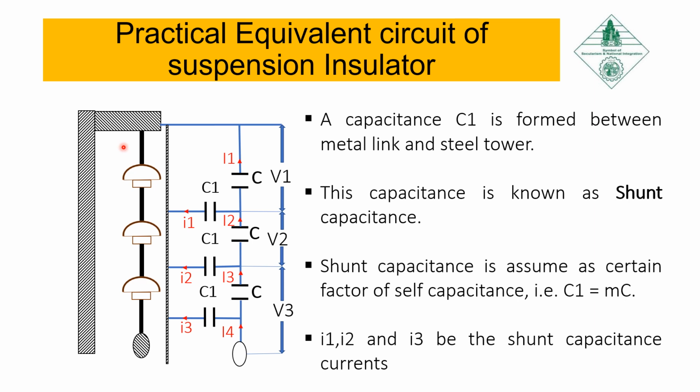Due to this, a capacitance is formed between metal link and steel structure, known as shunt capacitance and is represented by C1 as shown in the figure.